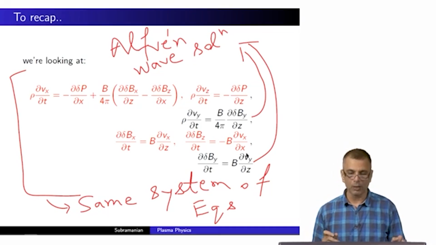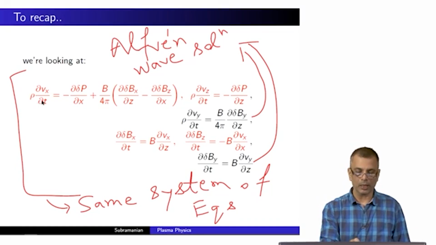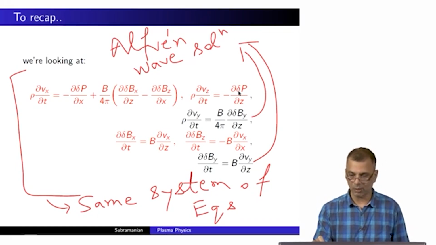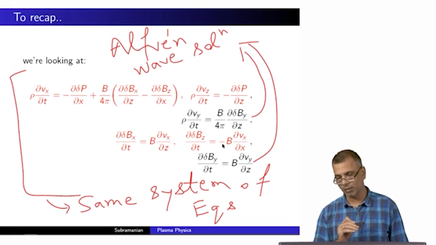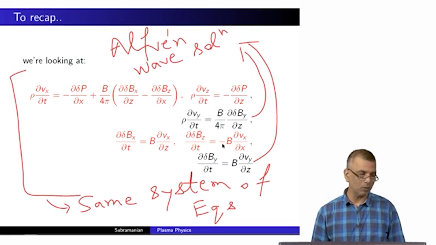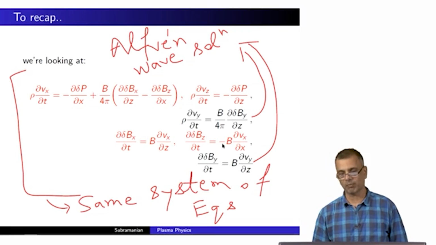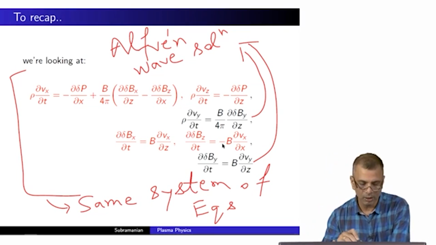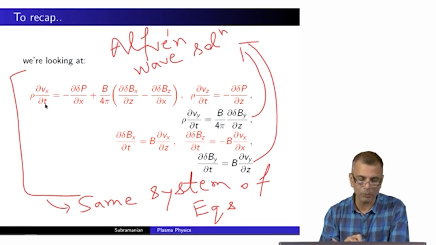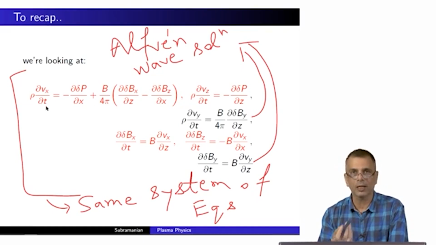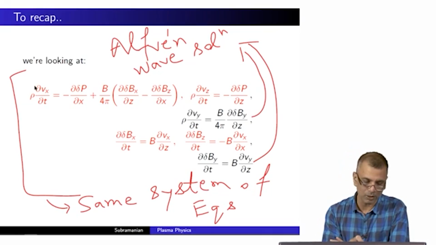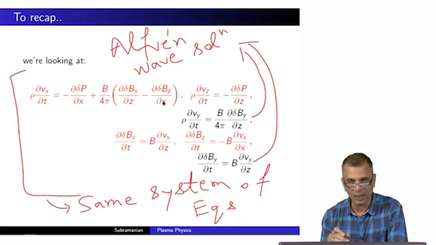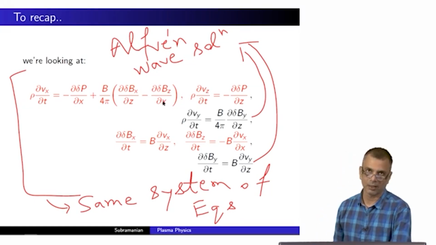Now, what we are going to do is look at the remaining equations, which are this, this, this, and this. Okay. And what's more, just for convenience, we will not look at the differential equations themselves. We will look at the Fourier analyzed versions of the differential equations, where the d over dt becomes an i omega and the d over dx becomes an ik.